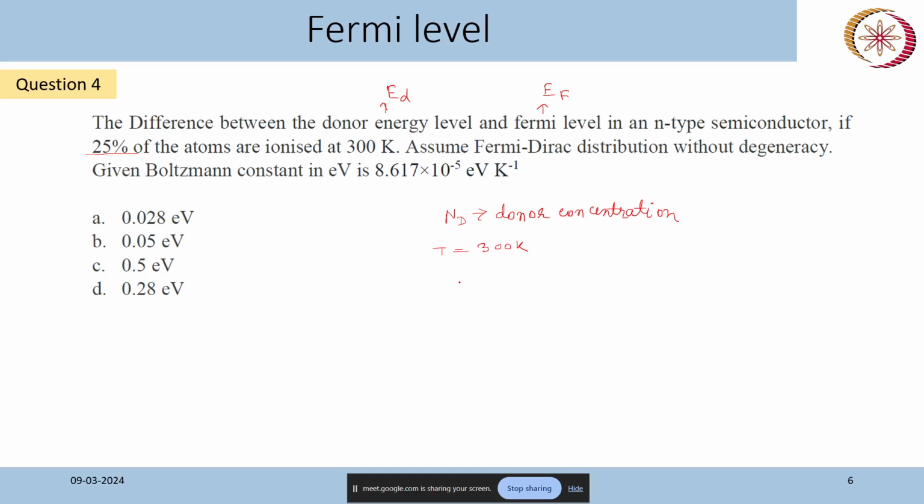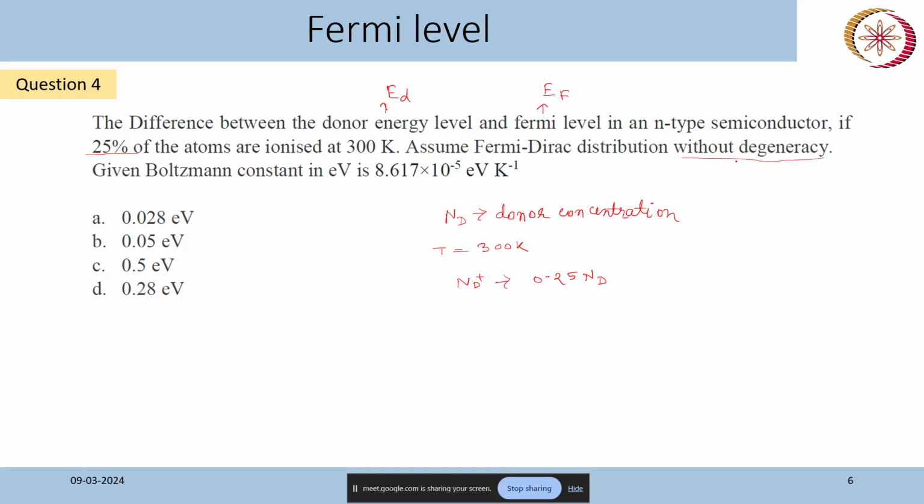So ND plus, the ionized donor concentration, is equal to 0.25 of ND. This is the condition given, and we have to calculate the difference between ED and EF. Assume Fermi-Dirac distribution without degeneracy.